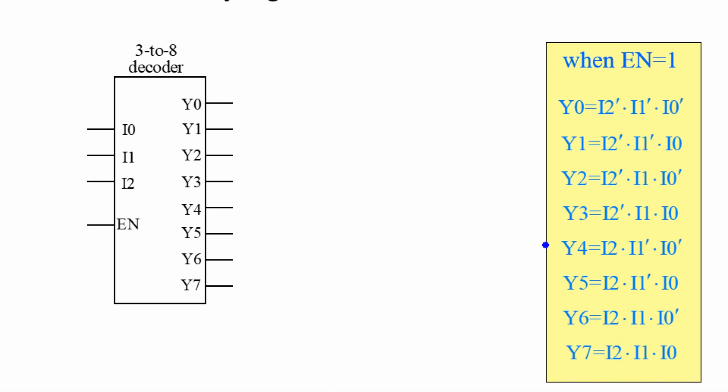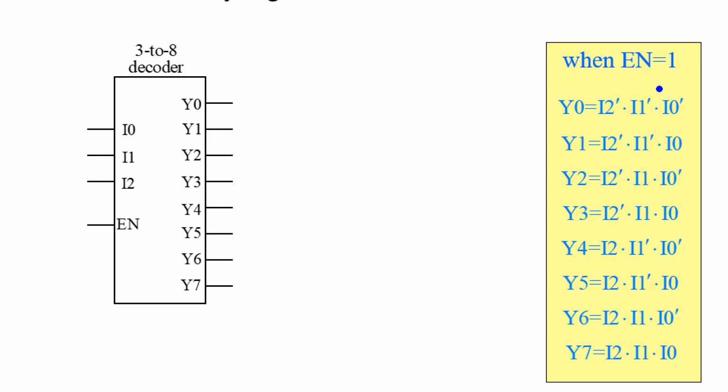For example, when enable is 1 and you apply 0, 0, 0, y0 is 1, only one case. So you can write y0 as I0 prime, I1 prime, and I2 prime. For y1, when enable is 1, y1 is I2 prime, I1 prime, I0, and so on.